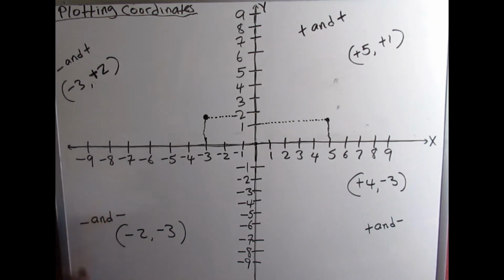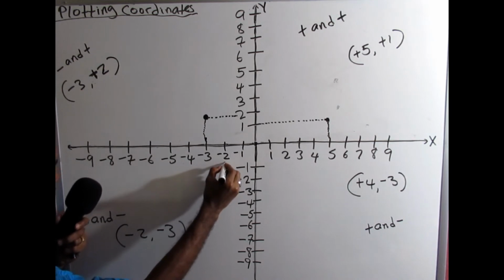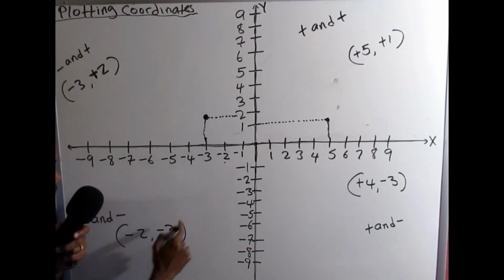So let's come over this side. Over this side now we want to plot a negative and a negative. So we want to plot negative 2, negative 3. So remember, the first thing you're going to do is to identify your number on the x-axis. So our first number is negative 2. So we come on the x-axis and identify negative 2. And our next number is negative 3.